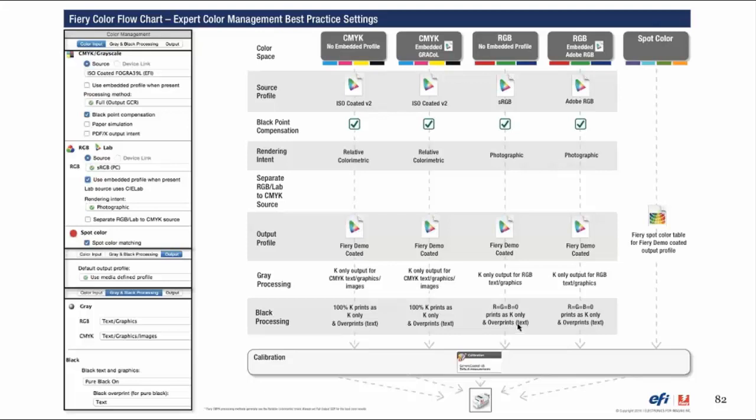These are the settings we recommend you use, which is basically to match your source profiles to the working spaces that you or your customers use, and to set the output profile to use media defined, the gray and black processing to text and graphics for RGB, text graphics images for CMYK, and to turn pure black on with text overprinting. You'll see more about this in the video.